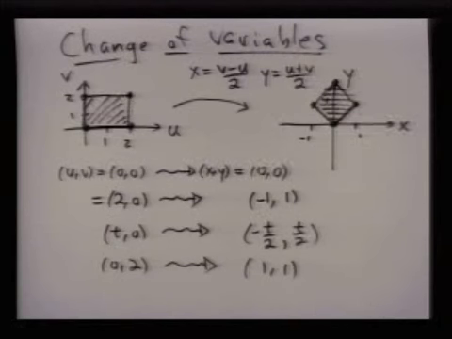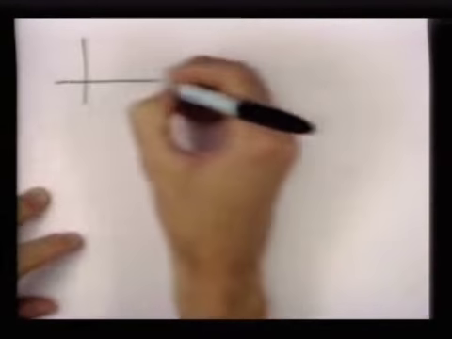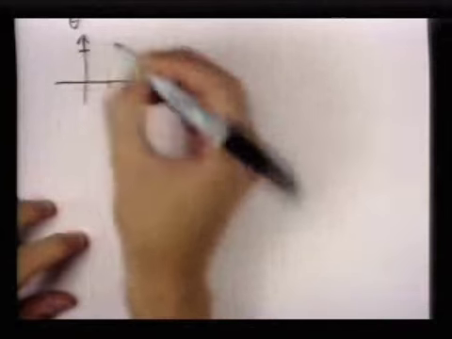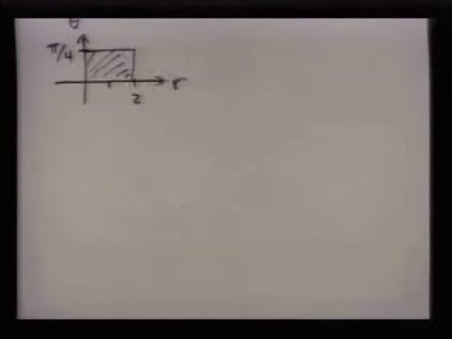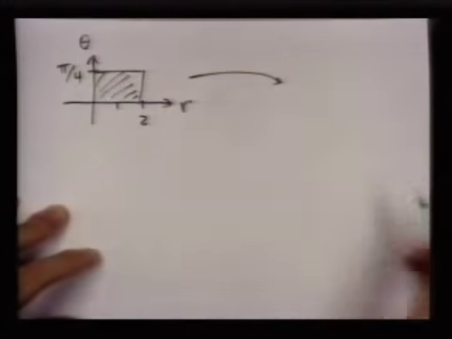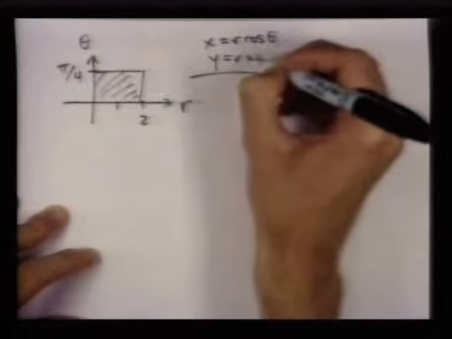Now let me mention one example of change of variables that you already know, which is polar coordinates. If I'm on the r theta plane and I think about this rectangle, polar coordinates are a change of variables because they turn x into r cosine theta and y into r sine theta.